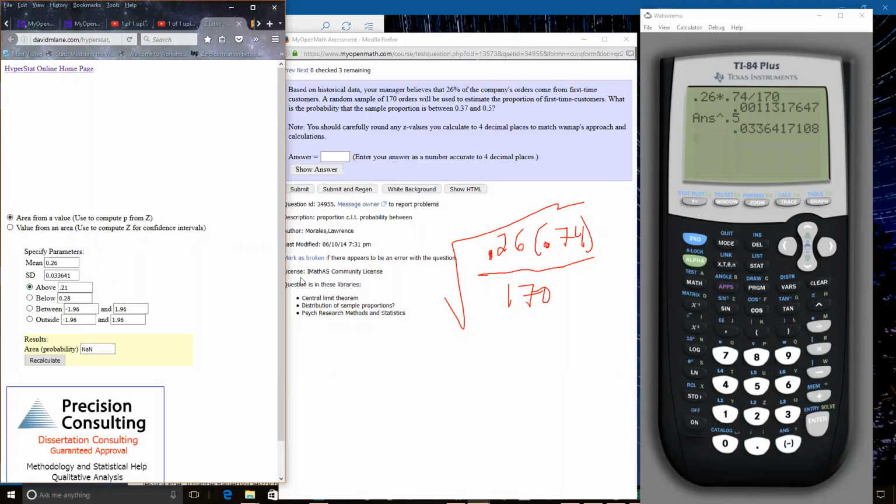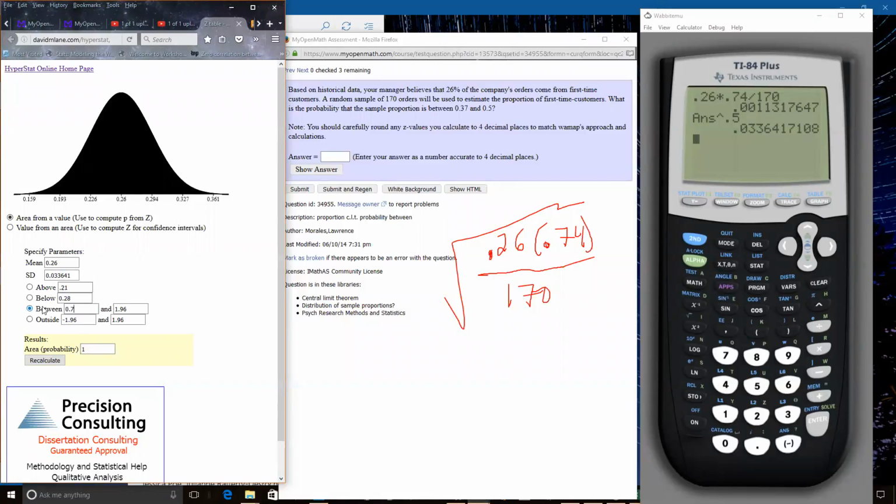Then they're asking me what's the probability of getting a sample proportion between 0.37 and 0.5. So I'm going to do between 0.37 and 0.5.